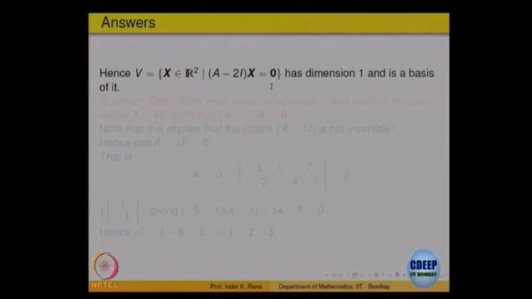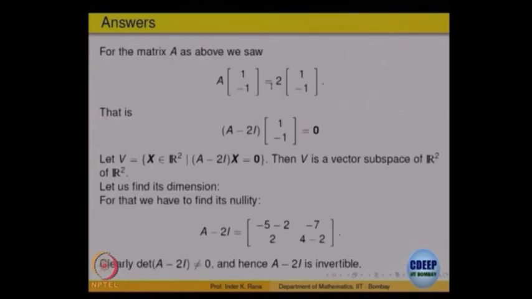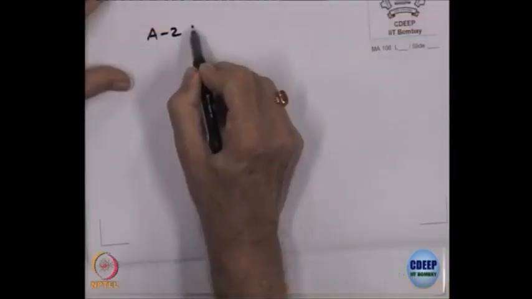So, what will be the dimension of this? How do I find the dimension of that null space? I have got one vector. So, what shall I do? If I want to find the dimension of the null space of A minus 2I, what is A minus 2I?